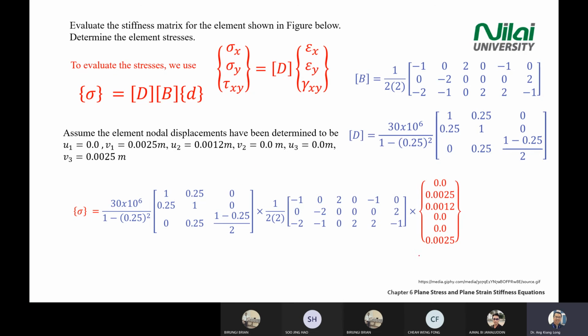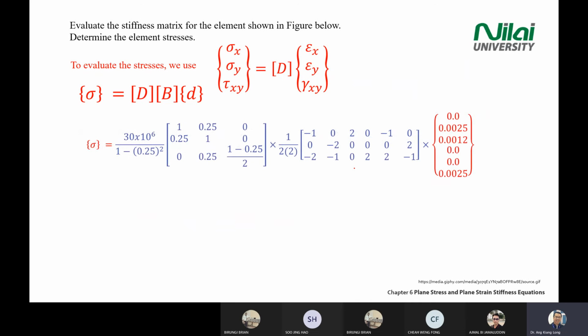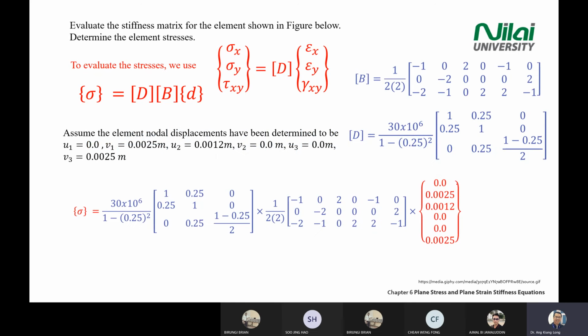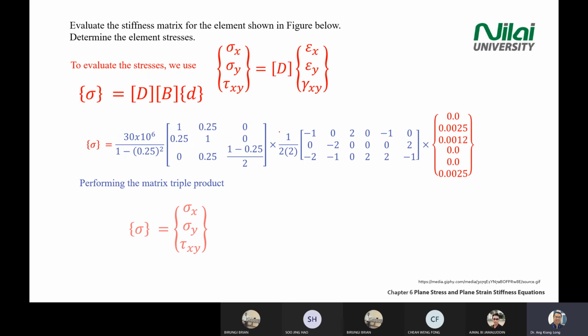Later, we have one example that we break into two. So this one we combine into one triangle. So you just substitute the values given. U1 until V3, you substitute inside here. Then the rest is just multiplication. So you get the value of your X direction stress, Y direction stress, and the shear stress.